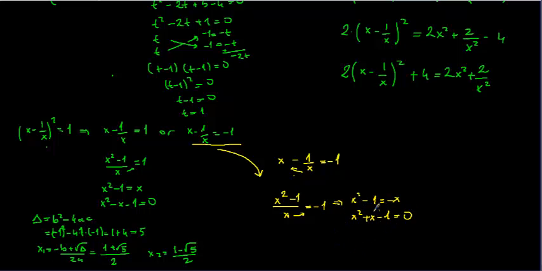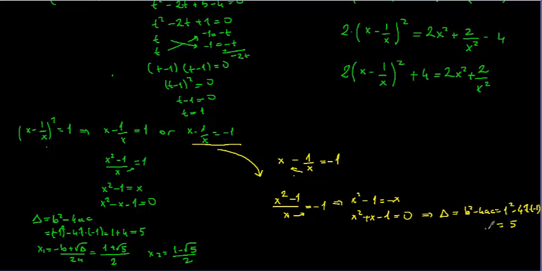Then again, you cannot factorize this one. You have to find the delta, and delta is equal to b squared minus 4ac, which is equal to 1 squared minus 4 times 1 times minus 1. So delta is equal to 5.